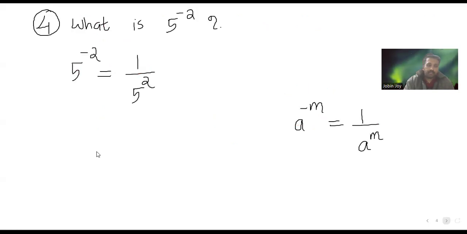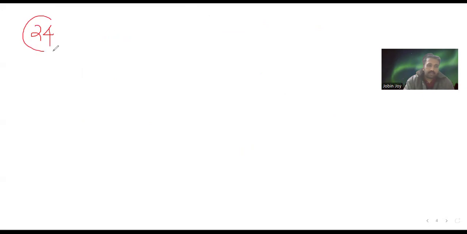Then question number 24. Express this number in scientific notation. 427,000.